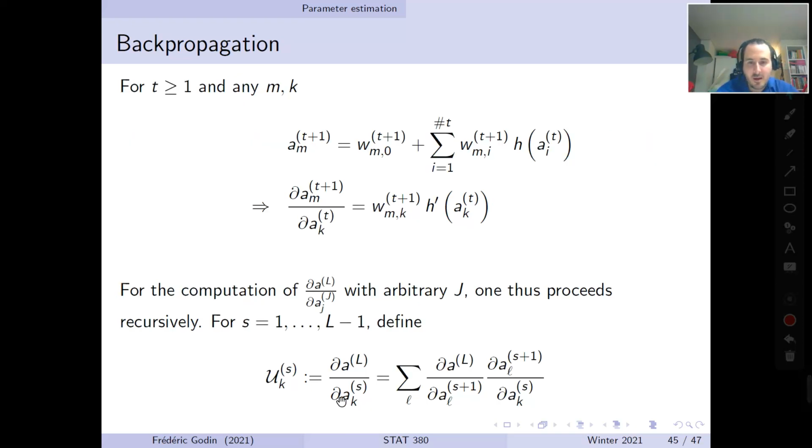If we go back here, we defined it until L minus 1, but if we still plug capital L instead of s, then u_l^L is the partial derivative of the last activation with respect to the activation l in the last layer of activations, where this only makes sense if l is equal to 1 because you have exactly one activation in the last layer, and in this case you differentiate a^L with respect to a^L, so this is simply 1.